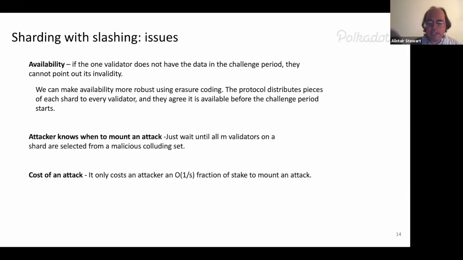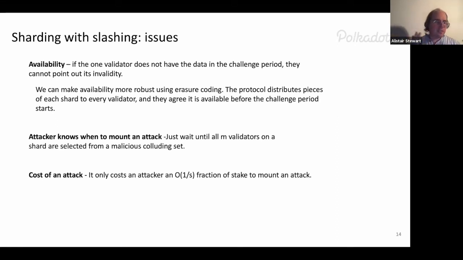And of course, because there are lots of shards, we only have a few guys on each shard, and the cost, if we're going to slash these guys, is only one in the number of shards. So if we have 100 shards and every validator is only on one shard, then we slash only 1 in 100th of the stake of all the validators when we slash everyone on one shard.